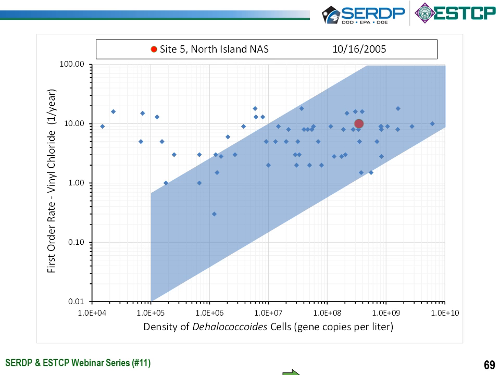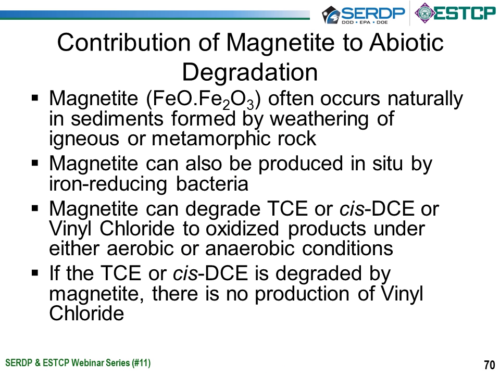We're going to take that logic now and apply it for some other processes. The framework actually has two abiotic processes. One is abiotic degradation on magnetite naturally occurring in the aquifer. The other is abiotic degradation on sulfide minerals that are produced in the aquifer through sulfate reduction.